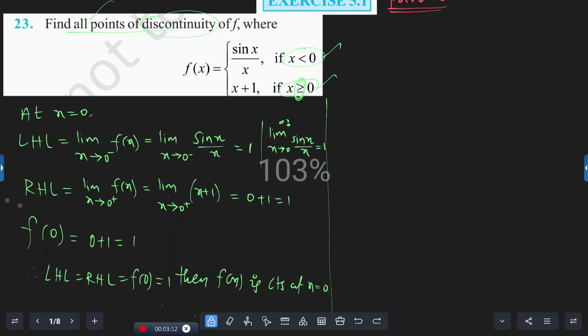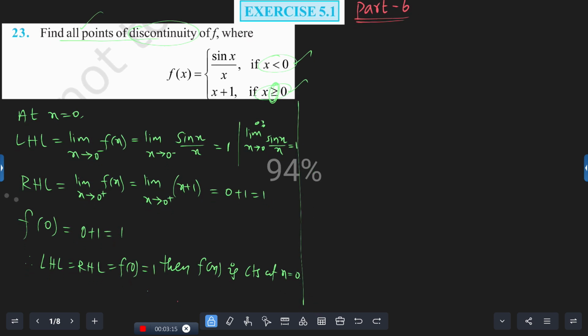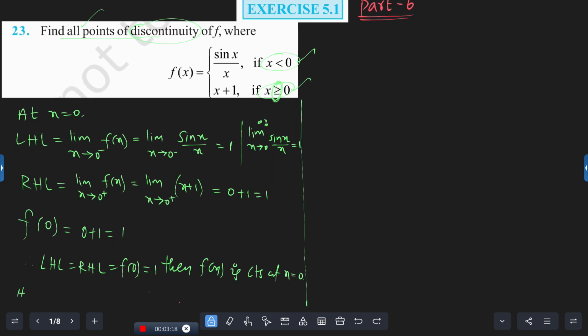Hence, you write, there is no point of discontinuity of f of x. Have you understood, children? There is no point of discontinuity of f of x. Is it okay? For this question, there is no point of discontinuity.